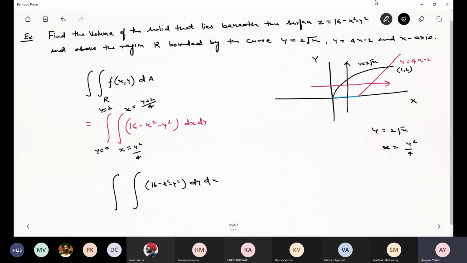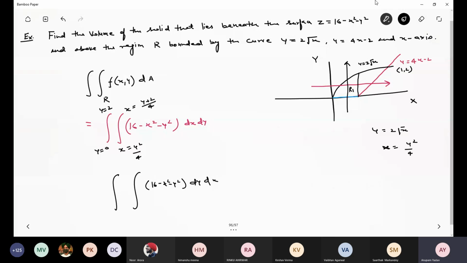But if you carefully observe, in this particular case, if I choose the order dy dx, then the y bound is not governed by a single curve. It is a collection of two curves. Up to this point, the lower bound is y equals 0, but after this, the lower bound is this line. So we need to divide the whole region into two parts.